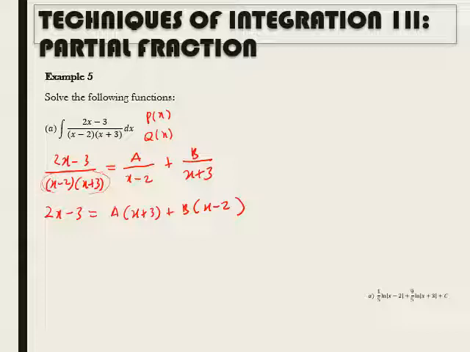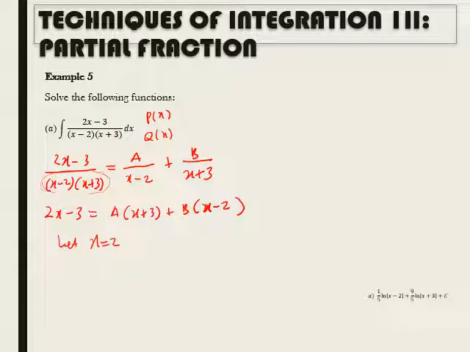I want to solve for A first. B's factor is x - 2, so I will let x equal 2, so it will become 0 here, because when x equals 2, 2 minus 2 is 0. So we are left with A(x + 3).